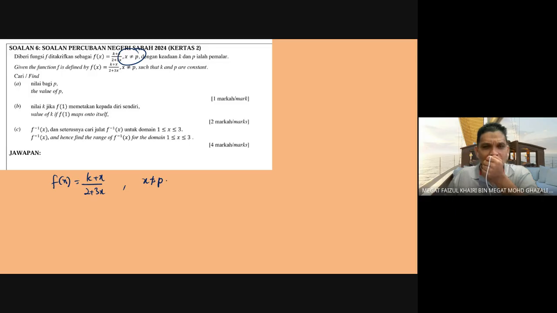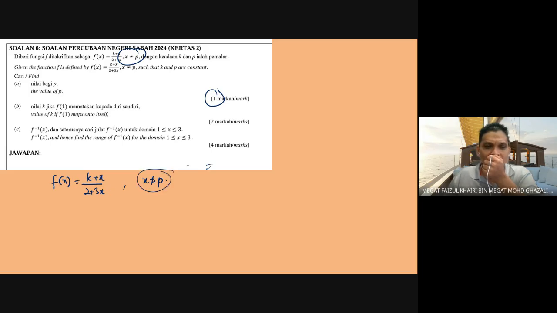For this kind of question, look at the marks. It only provides you 1 mark, so there's nothing much working solution actually. It's just how you look at the question, look at the function, and how we find out what is the value of x.